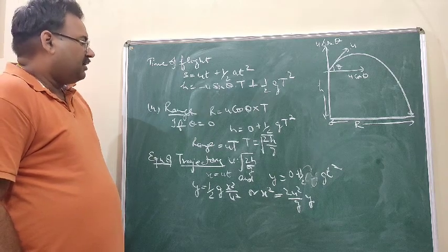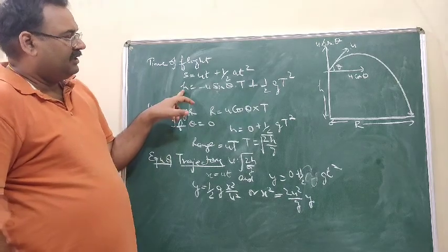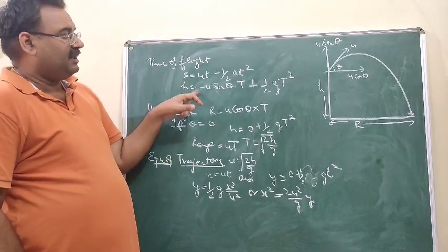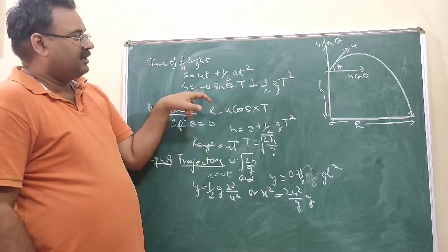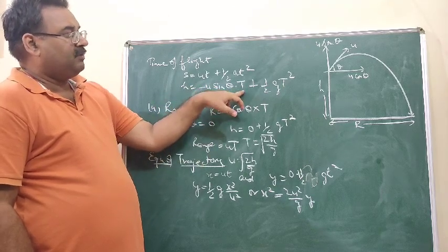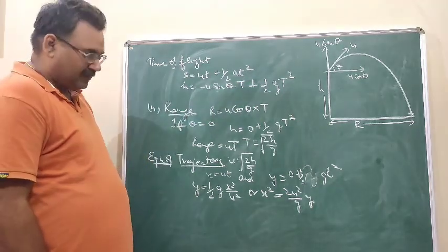From this equation we can find t. ठीक है, इस equation में अगर हमें height दी हुई है, height मालूम है कितनी height से फेंका गया है, vertical velocity क्या थी, u sin theta नीचे आ रहा है इसलिए minus u sin theta, total time of flight plus half gt square. In this we can calculate.